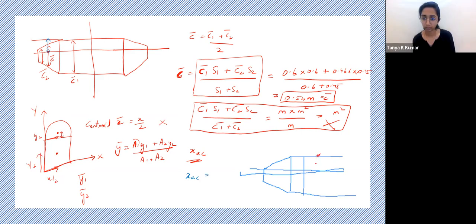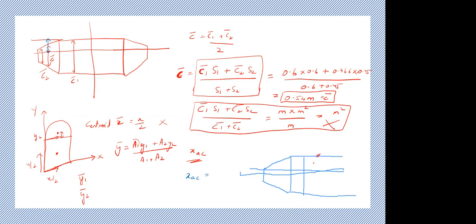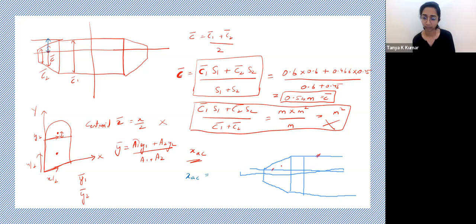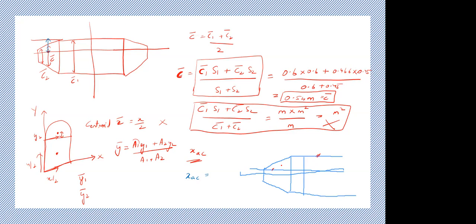This one? No, below this, the horizontal one. This one? Yes, ma'am. Should we consider this quarter line or the line which is passing through half of it, ma'am?